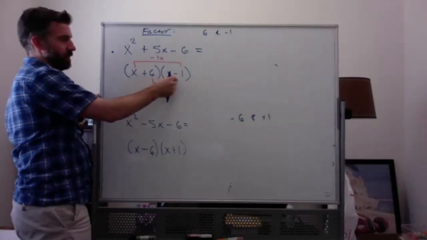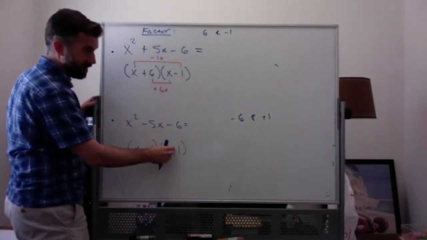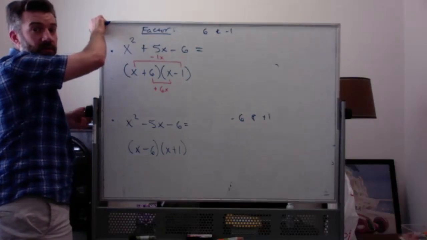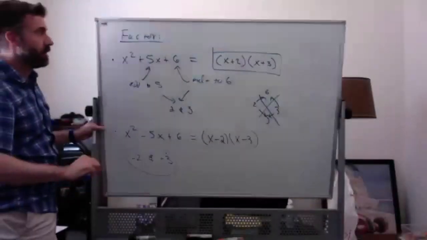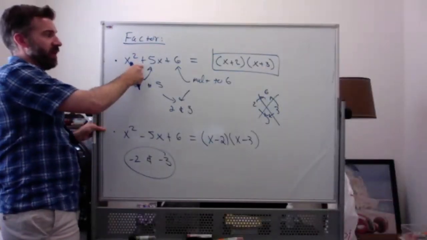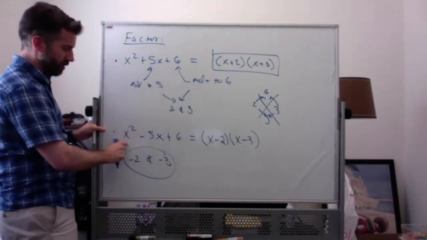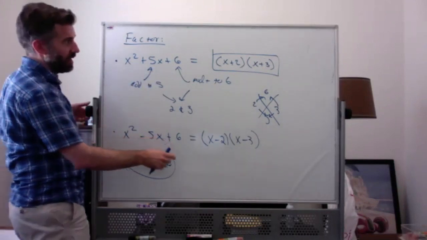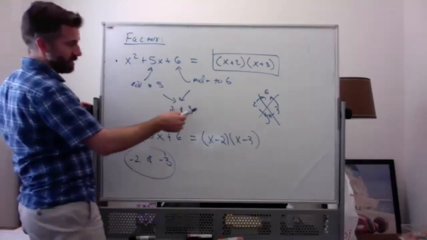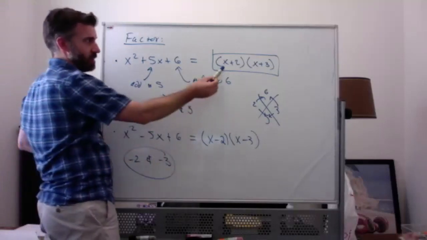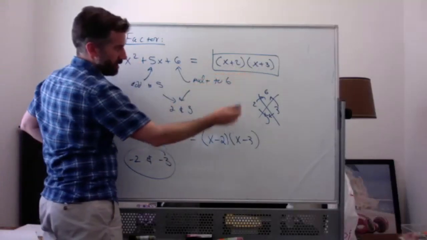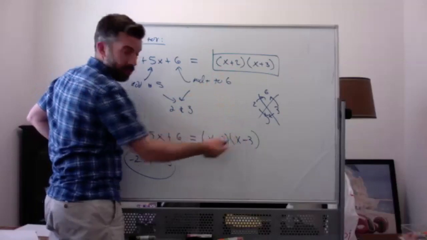Here it's plus 6 minus 1, here it's minus 6 plus 1. And the same is true for the one we did before. Here, this was x squared plus 5x plus 6. This was x squared minus 5x plus 6. And the signs exactly changed. Here was x plus 2 times x plus 3. Here it's just a minus 2 and a minus 3.